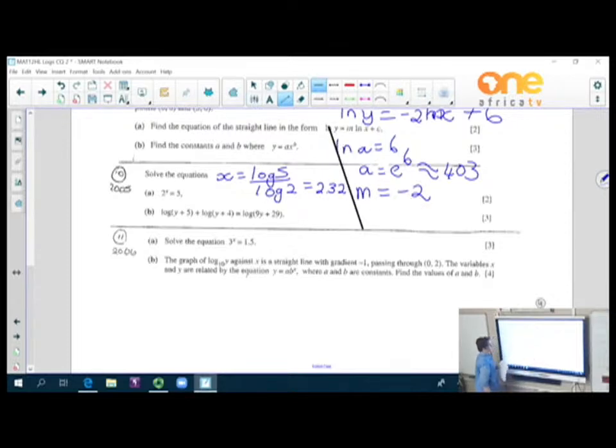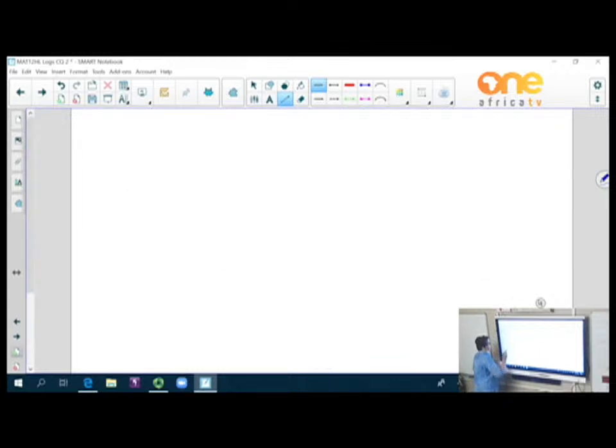Now here we come to a new thing. This is just the log laws that we're going to use. But here they're asking it in a different way, and this is what we're specifically going to look at. So I am going to use my log laws here. I'm going to insert a page, and this is then question 10b.